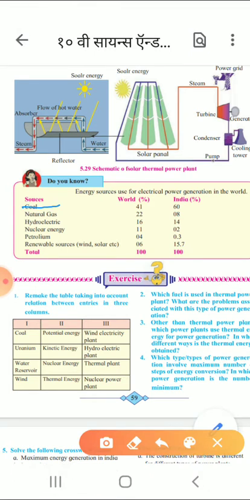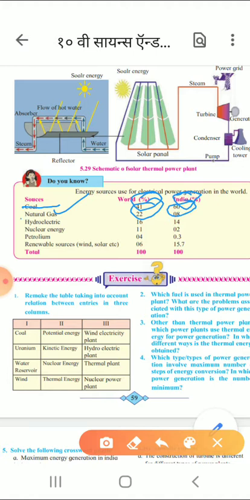With the help of the coal, how much generation in the world takes place? 41% of electrical power generation takes place in the world, and 60% in India. Now second one is the natural gas. With the help of this, in the world, how much generation of electricity takes place? 22%, while in India it is 8%.